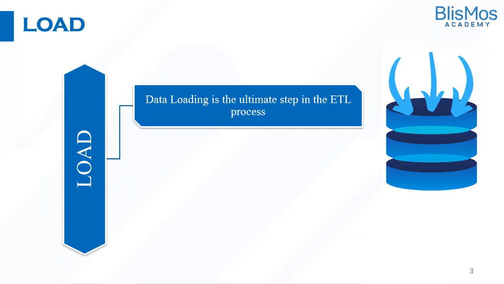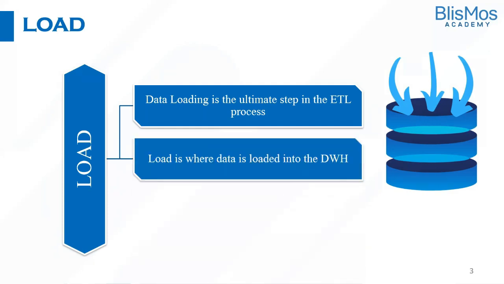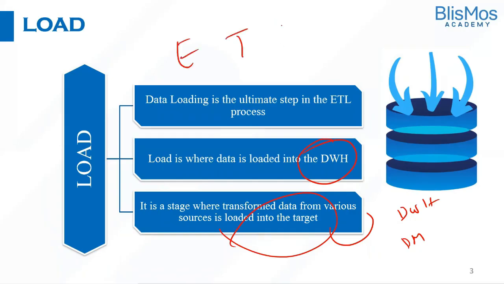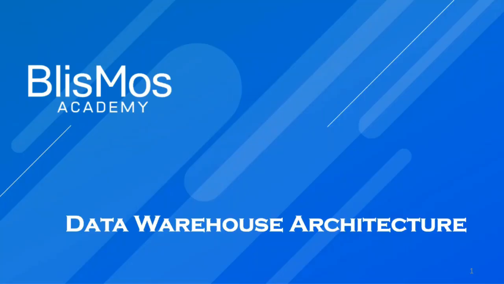You extract, you transform, and you load. Load is where data is loaded into the data warehouse. So it is a stage where transformed data from various sources is loaded into the target. That target can be a data warehouse or data mart, depending upon which is the source and which is the target. That is pretty simple, right? We completed extraction, transformation, and loading.